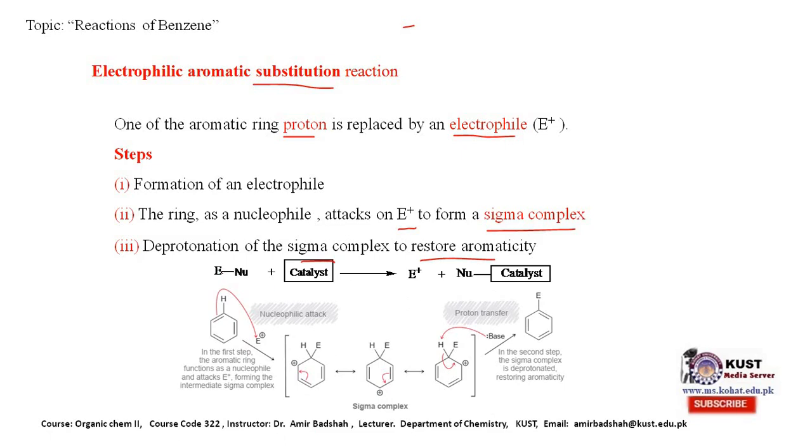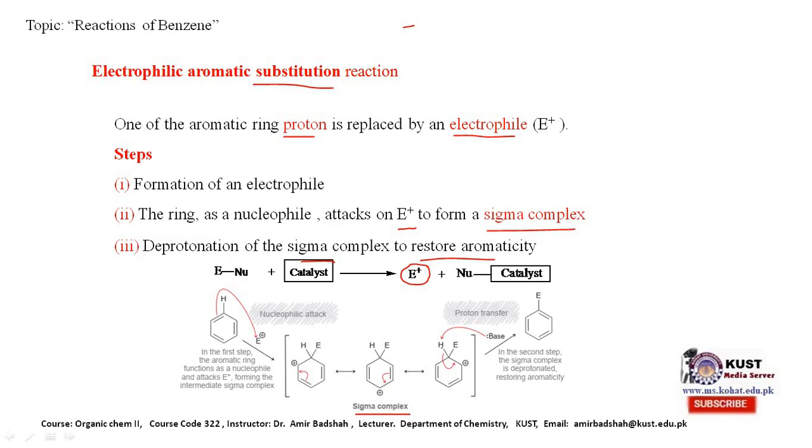In the first step, an electrophile is generated, and in the second step, this benzene ring is a nucleophile and attacks this electrophile, as a result of which an intermediate is formed. This intermediate is called a sigma complex. And in the final step, proton transfer takes place.